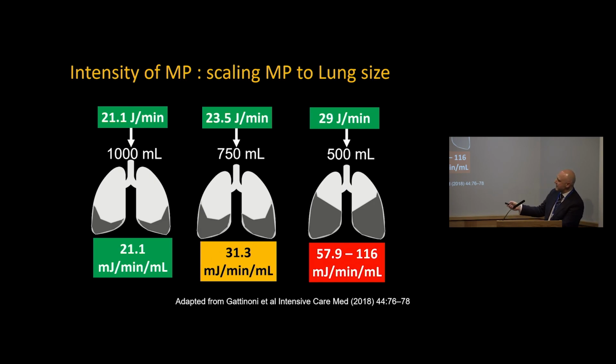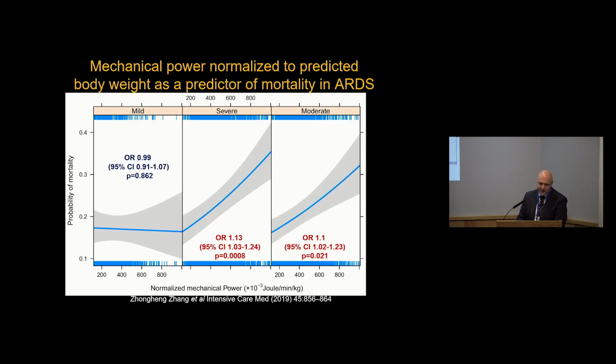And you can see as the patient becomes more and more severe, the force that goes into the available lung increases. There is some data showing that, and this is my last slide: if you look at patients with mild disease, it doesn't matter what mechanical power you give within reason, mortality doesn't really change.